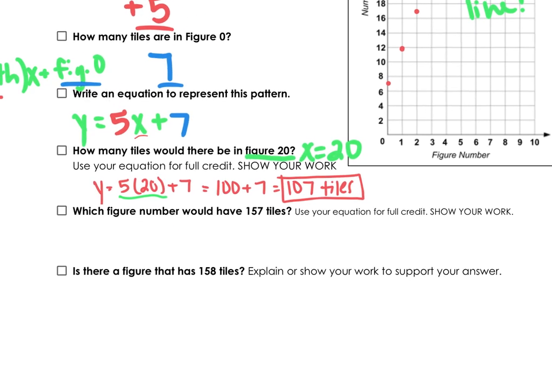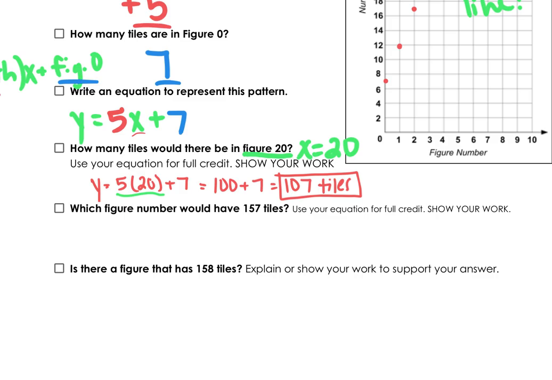The next one is similar, but it's a little bit more difficult. We know that there are 157 tiles, and we want to figure out which figure number would have that many. If I see a number with tiles, that means that y is equal to that many tiles.